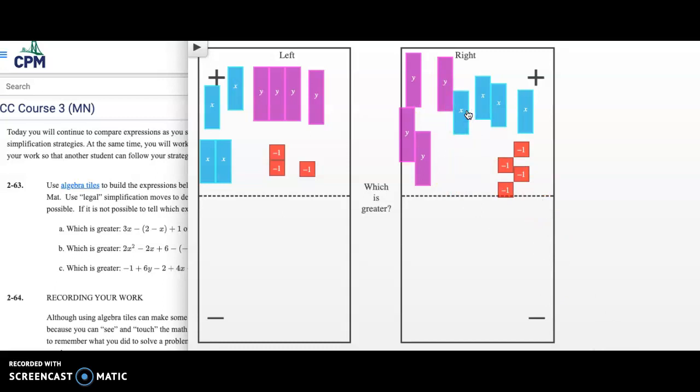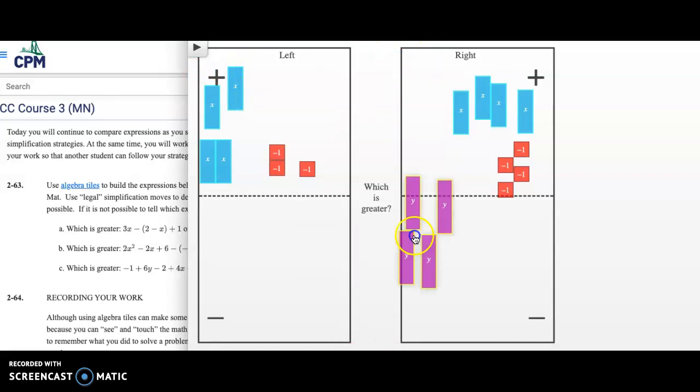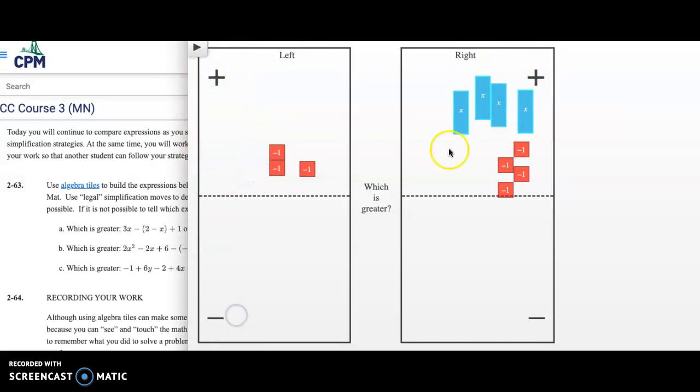So I've flipped, I've made zeros, and now I want to see what I can remove the same from both sides of my mat. I notice that I have +4y on both sides, so I'm going to take those off of both sides. I also see that I have +4x on both sides, so again I can remove those.